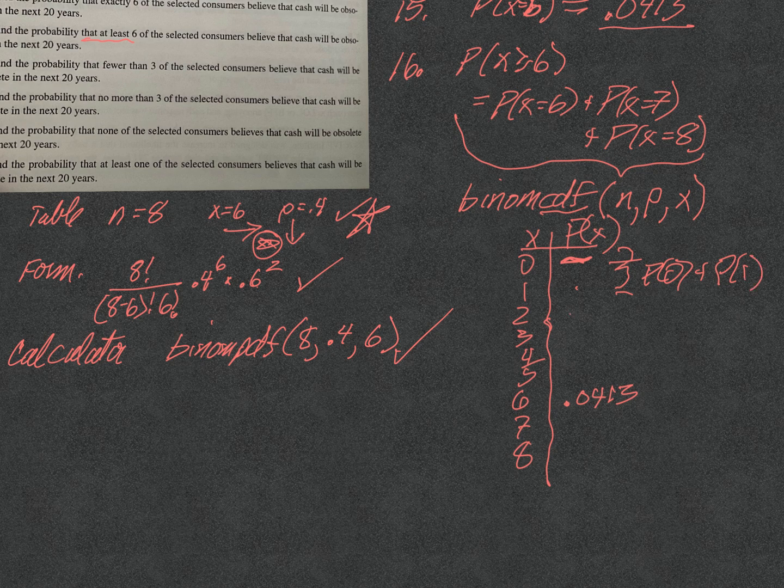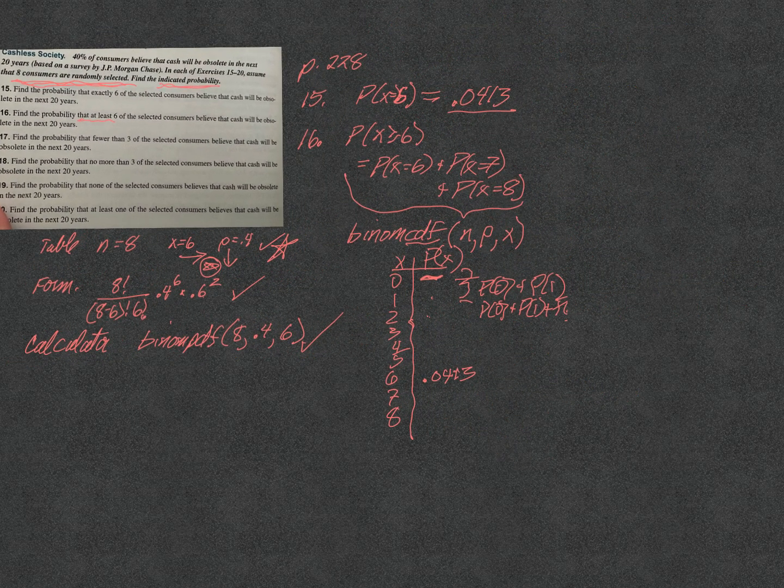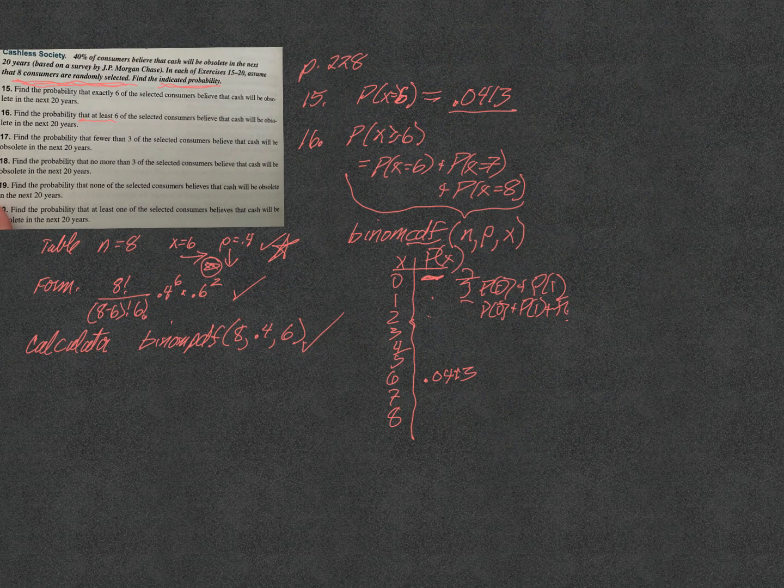And the third one lists the probability of 0 plus the probability of 1 plus the probability of 2. So the cumulative distribution function adds from the bottom up, but we want the answer from the middle to the top. So what we have to do is think of this as a complement to use our calculator.